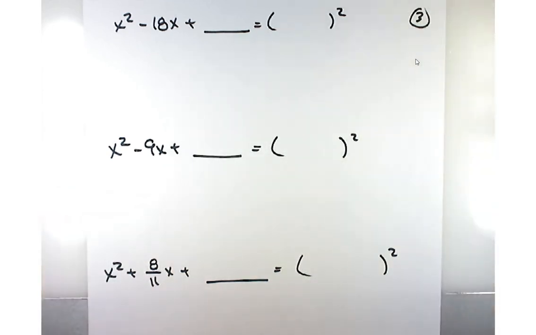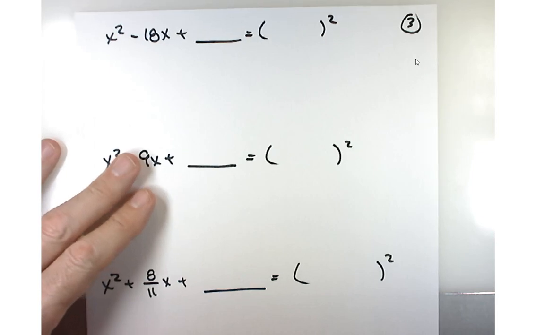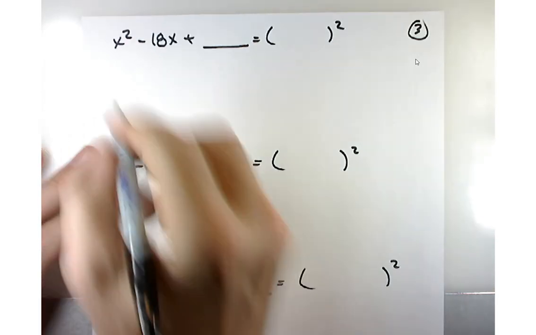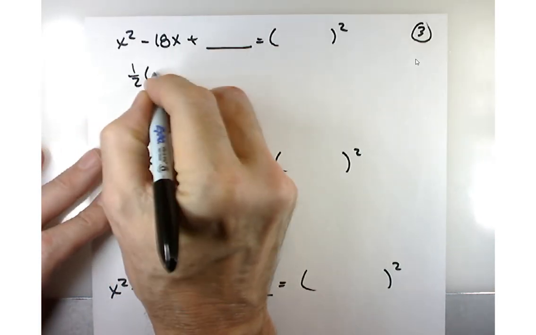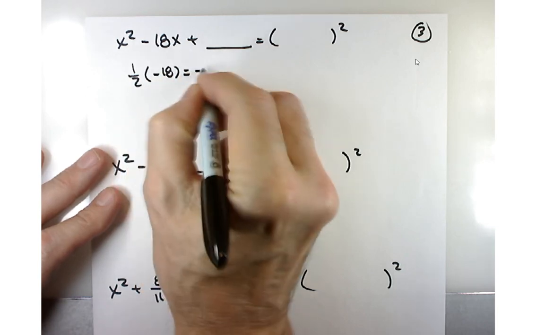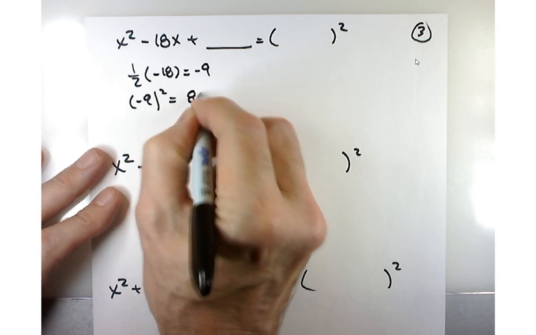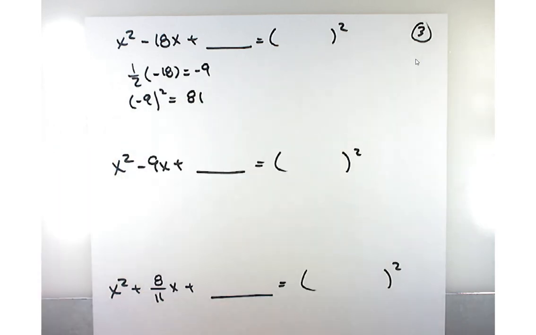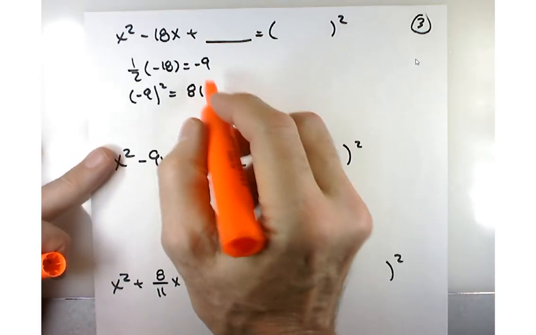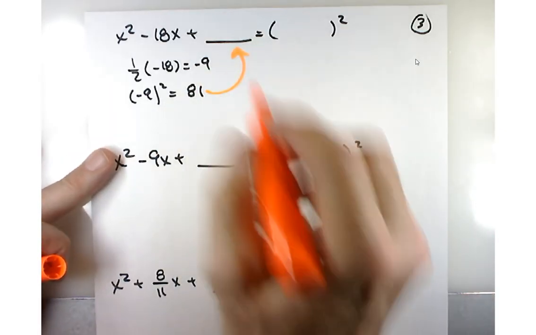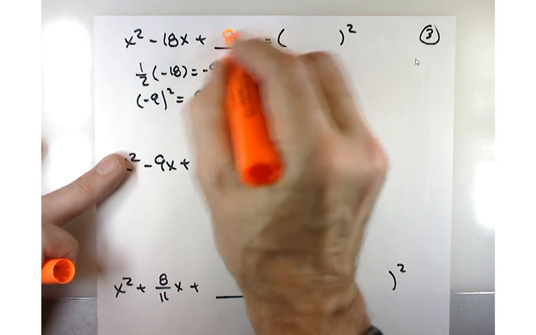All right, let's bang out a couple of these, particularly the easy one to start with. So half of the middle term is negative 9. Negative 9 squared is 81. Both of these terms are going to get used when I fill in the rest of this. So the 81 goes here, so plus 81.